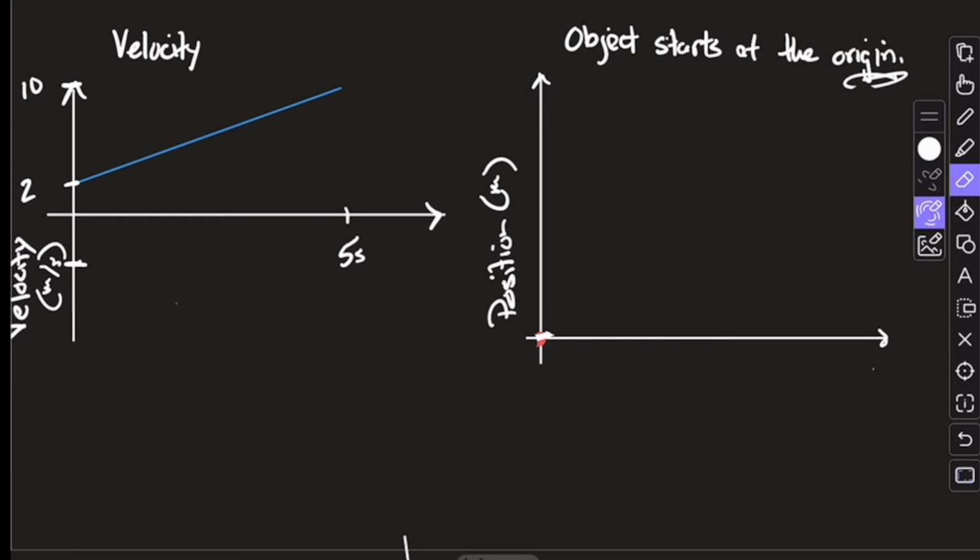This object, from just looking at it, I know because I have information about velocity and time, I can tell you this object is speeding up. Positive slope, positive initial velocity. However, if you wanted to find the displacement, you do realize that that's not a triangle, right?